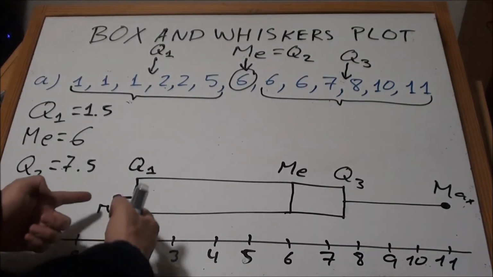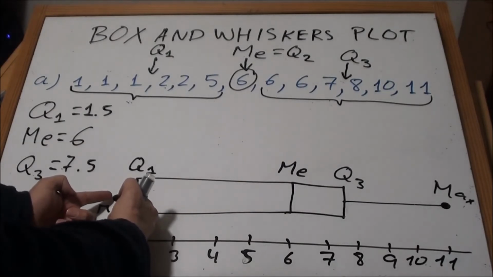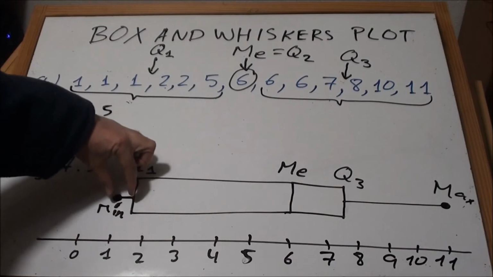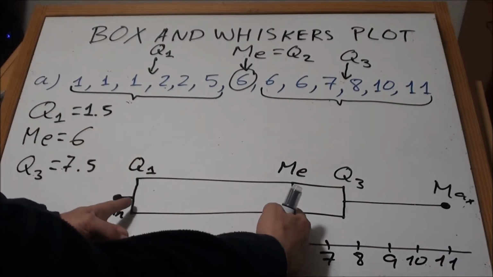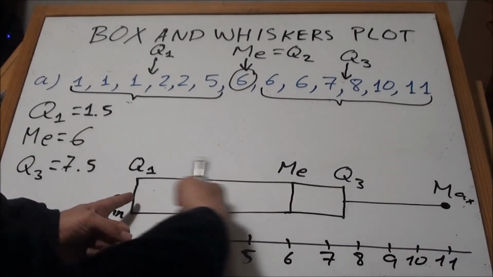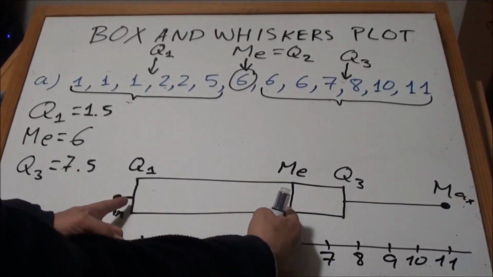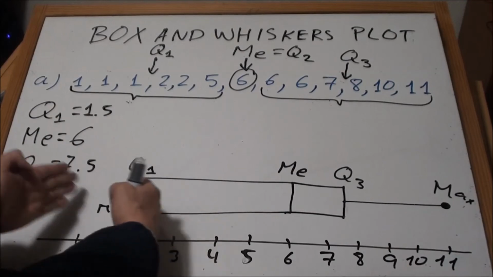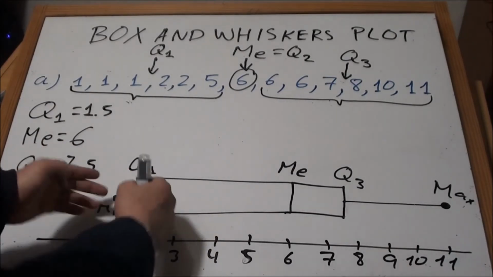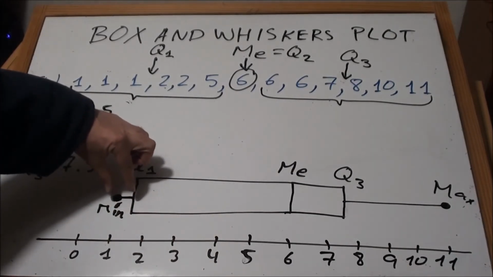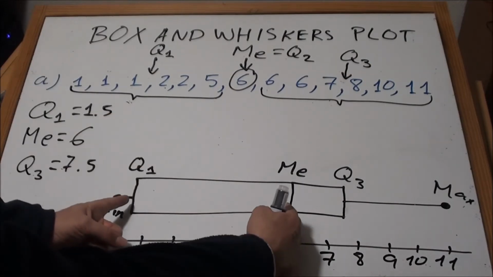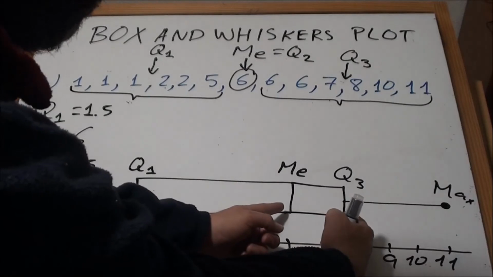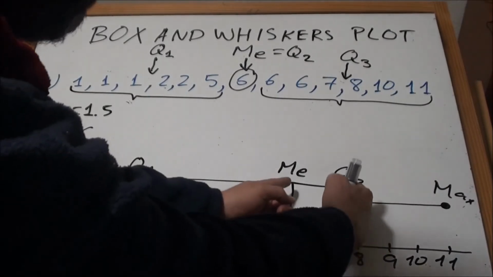So we can say here that 25% of the data are here. In this small place, we have 25% of the data. In this big place, we have 25% of the data as well. So what does it mean? It means that here the data are closer together. The data are more concentrated here than here. Here are more dispersed. In this part we have 25% as well.